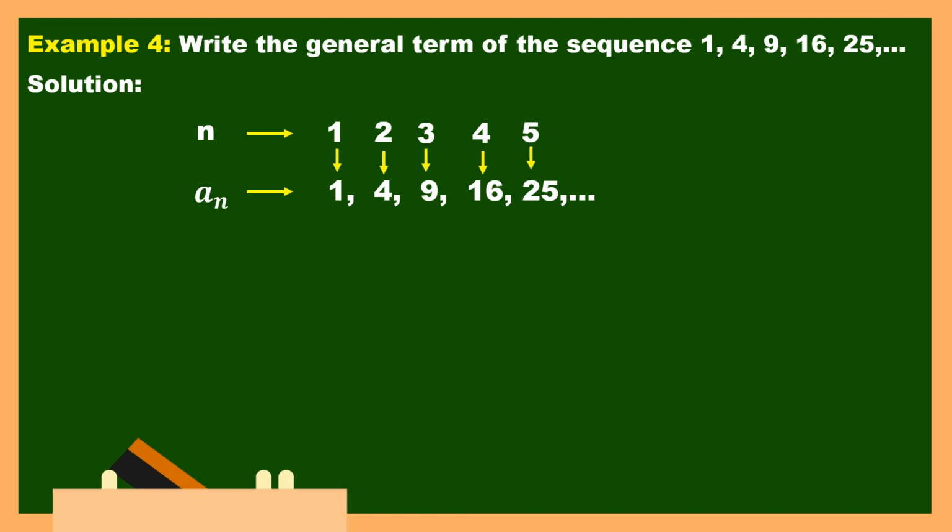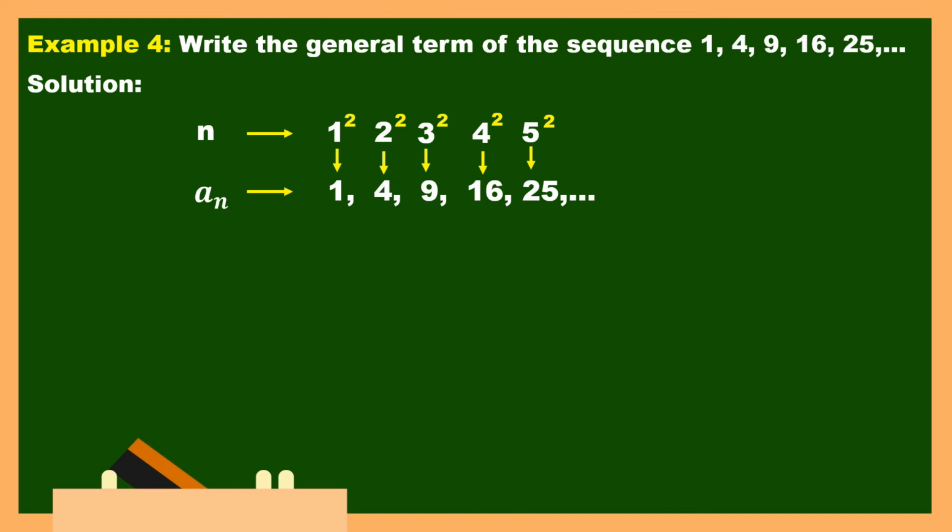So, the first term here is 1, second term is 4, third term is 9, fourth term is 16, and fifth term is 25. Kung napapansin nyo, ang bawat terms is multiplied to itself or ini-squared siya.